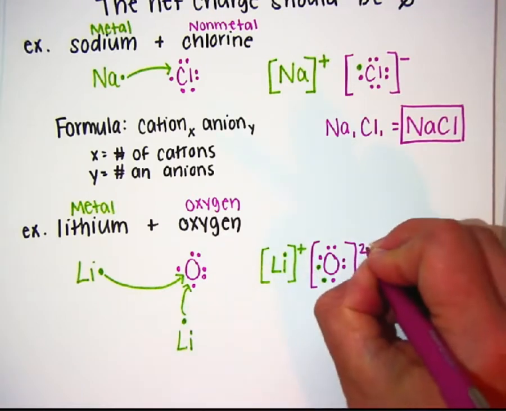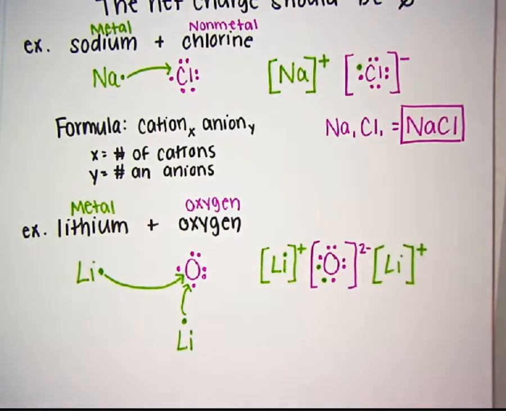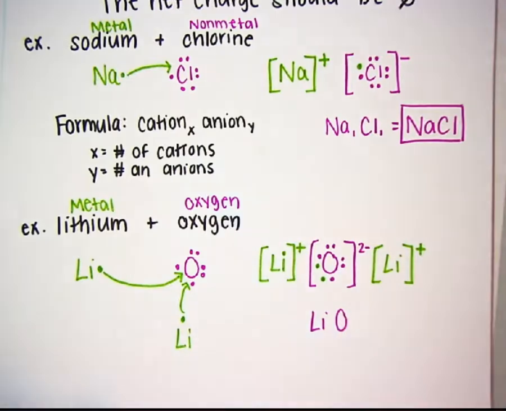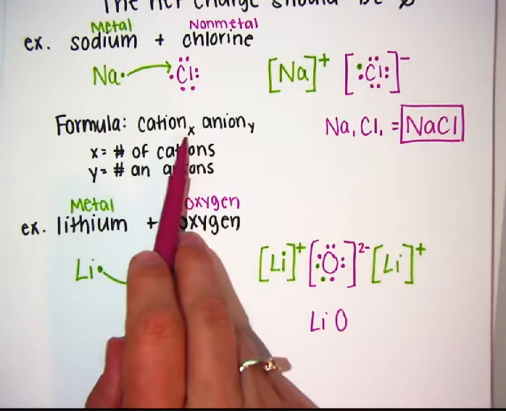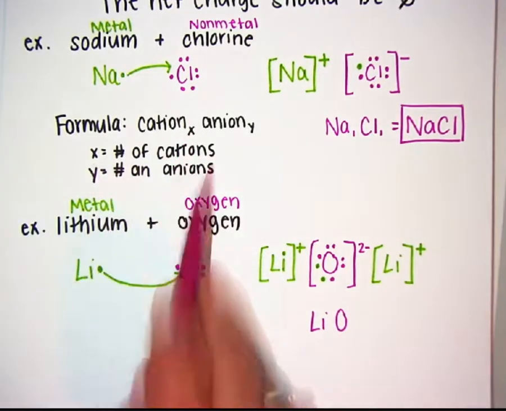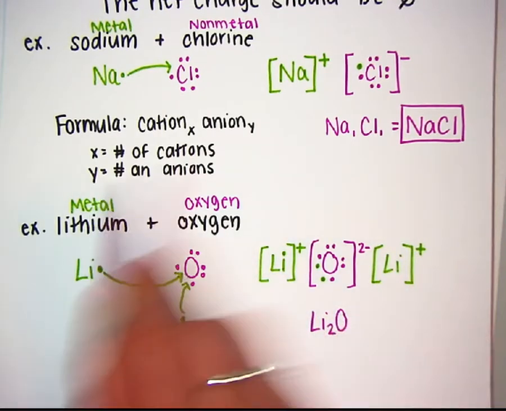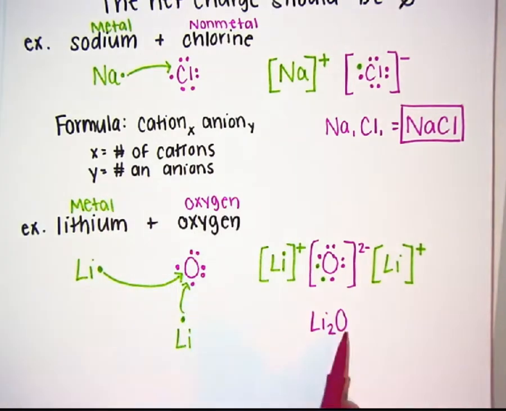Its charge would be negative 2. When we go to write the formula, cation comes first, anion comes second. That subscript X tells me the number of cations. I have 2 lithiums. Y is the number of anions. I have 1 oxygen, but again, we don't need to write the ones.